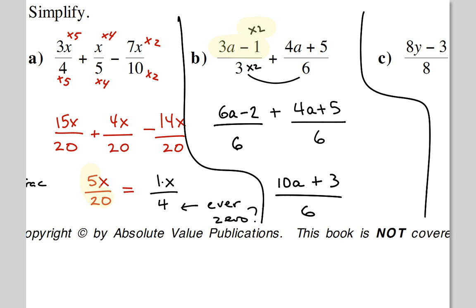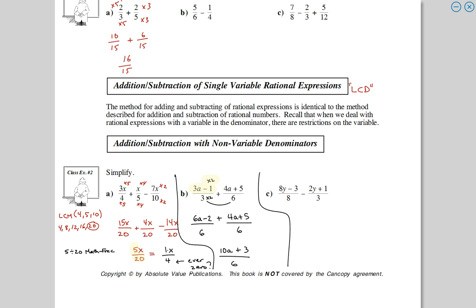Let's try to reduce. Any common factors for 10, 3, and 6? Nothing, right? What kind of number is 3? Prime. There's only 3 and 1. So 3 will work on 6, but does 3 work on 10? No, so you're done. And is there any NPVs? No, because 6 is always 6.